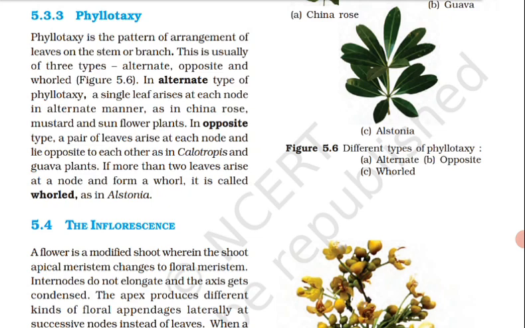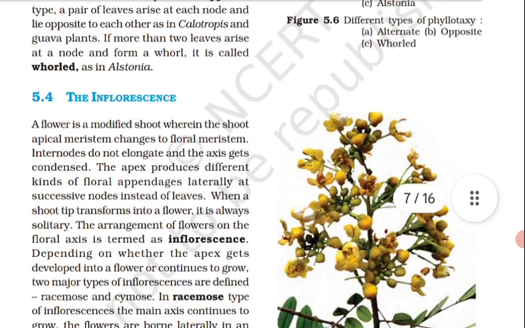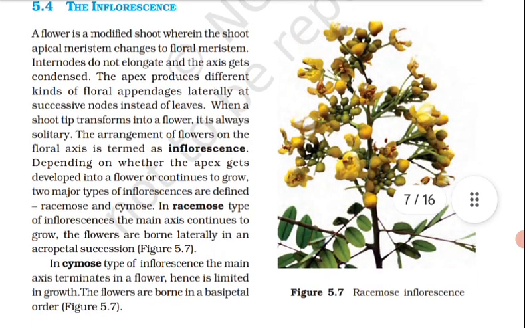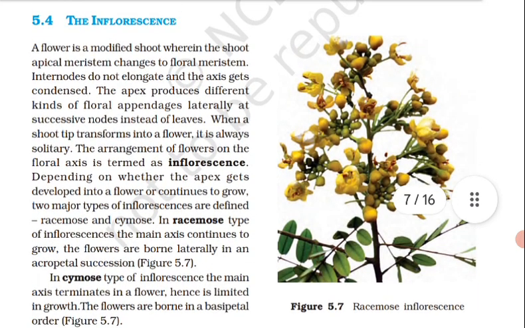If gynoecium is situated in the center and other parts of the flower are located on the rim of the thalamus, almost at the same level, it is called perigynous. The ovary here is said to be half inferior. Example, rose, peach, plum.